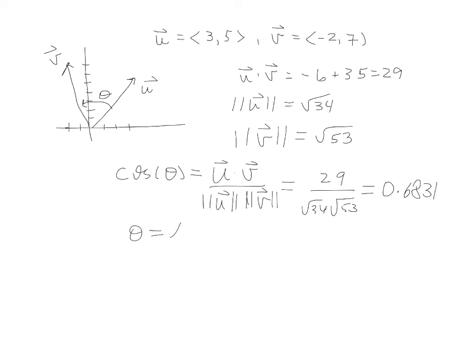So theta is the arc cosine of 0.6831, which is about equal to 47 degrees. And that's how we solve these problems.